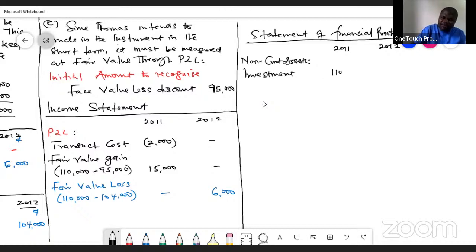The figure is 110,000 and then 104,000. That's all. Nothing goes to equity because the P&L is part of a double entry, remember. Okay, so that is it for the question.